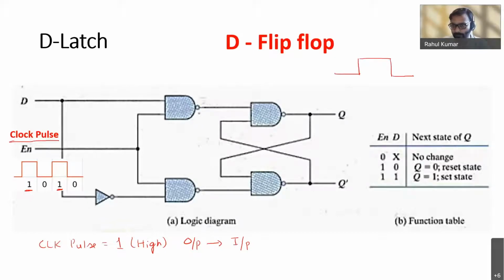Okay, so let's say my clock pulse is high between 0 seconds to 1 second. So for the entire 1 second my clock pulse is high, or it is 1. So during this entire time period, the output can change according to your input.